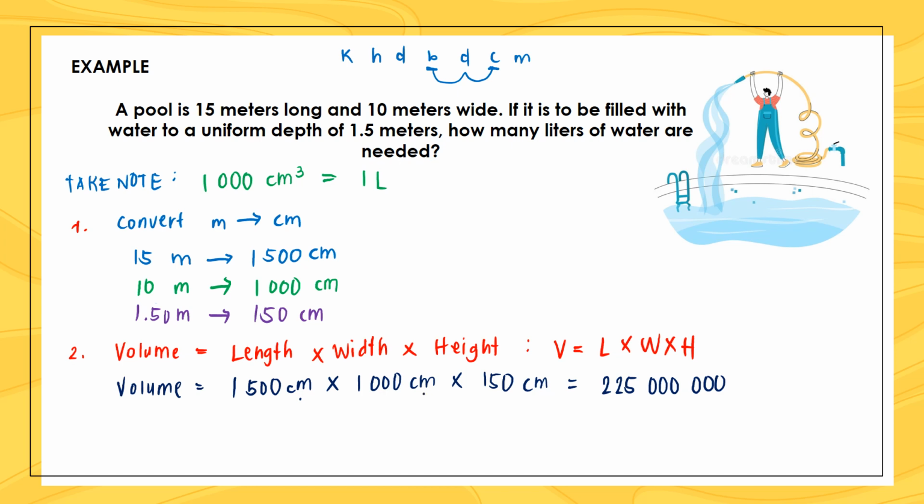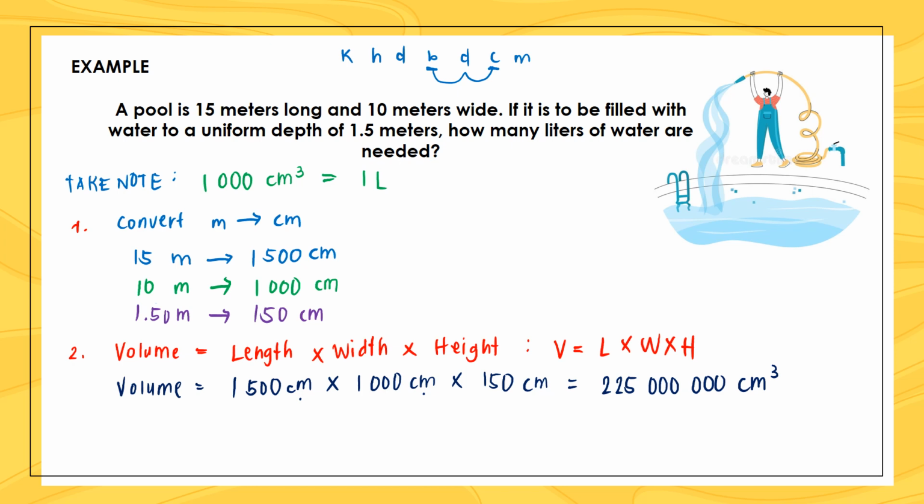That will be cubic centimeter, right? Are we done with this already? No, not yet. Since we have this take note here, 1,000 cubic centimeter is equal to 1 liter. That is the question as well, right? How many liters of water are needed?